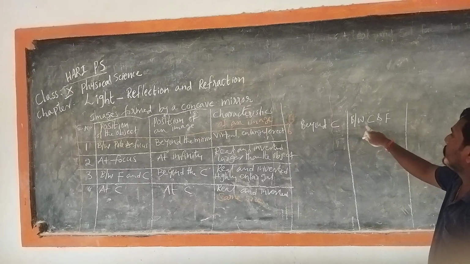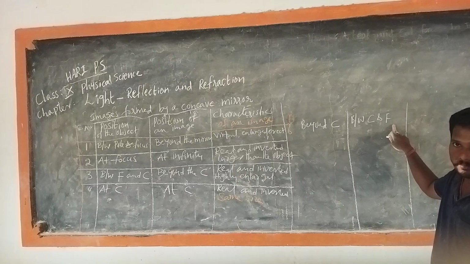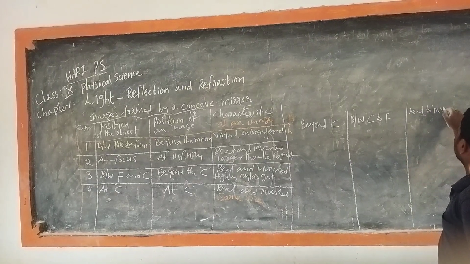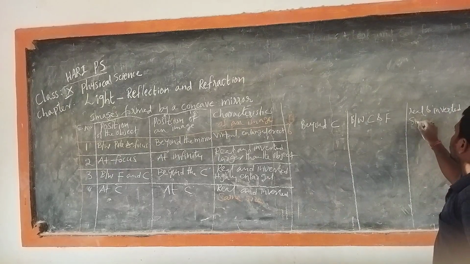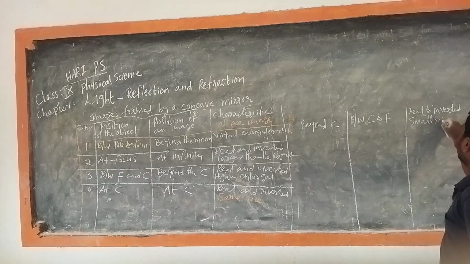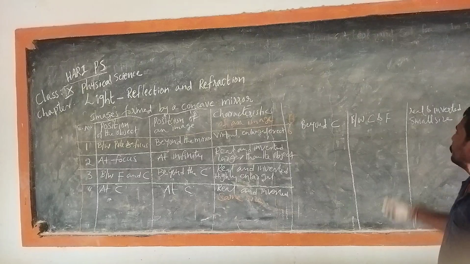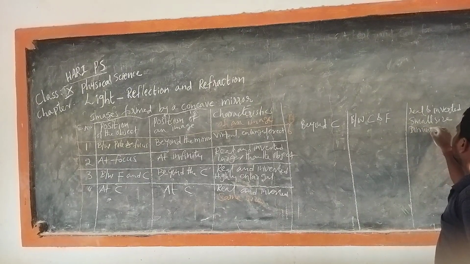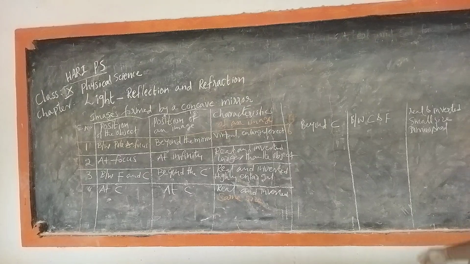The image is formed between the center of curvature and focus. So real and inverted, small size. Small size of the image is formed, so diminished.